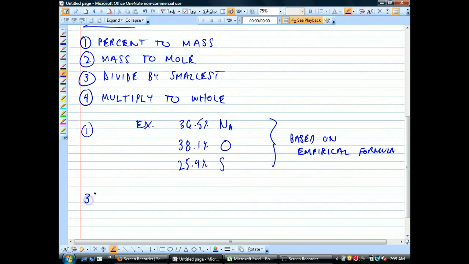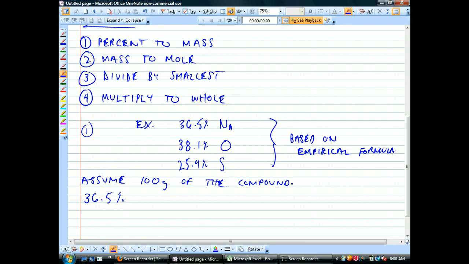So the first step is to just convert these to masses. The easiest way is assume that we have 100 grams of the compound. It doesn't matter how much we have. Remember, percentage is the same no matter how much of the compound you have. So whether I have a gram of the compound or 5 grams or 500,000 grams, it's going to be the same percentage of the elements.